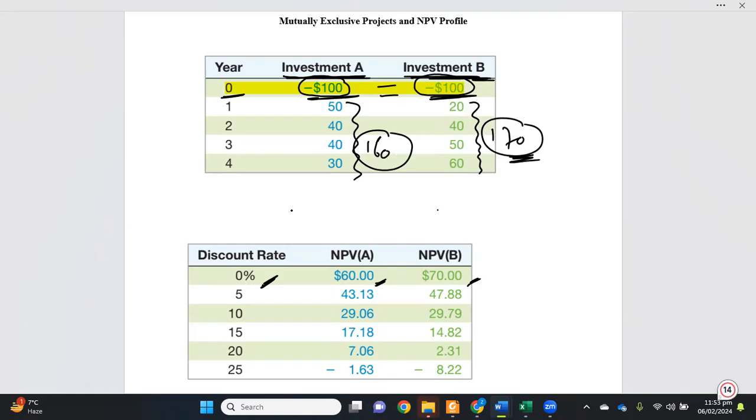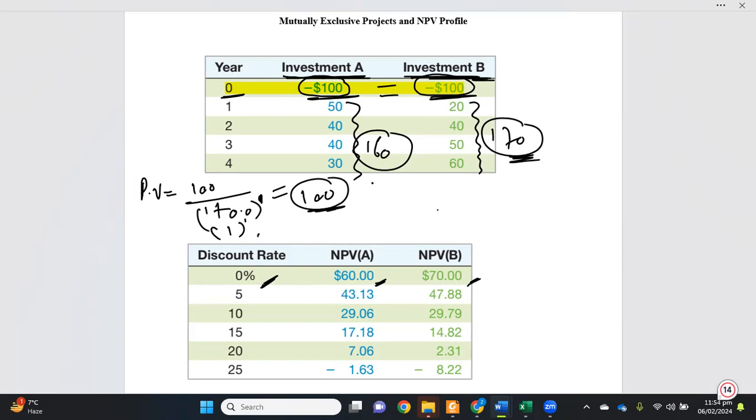Whenever the discount rate is 0%, if we want to calculate the present value of a 100 cash flow divided by 1 plus 0.00% for, let's say, year one, or any other year, it will remain 100, because 1 raised to any power remains 1. So 100 divided by 1, the answer remains the same.